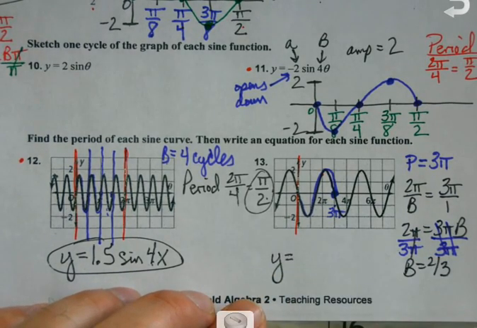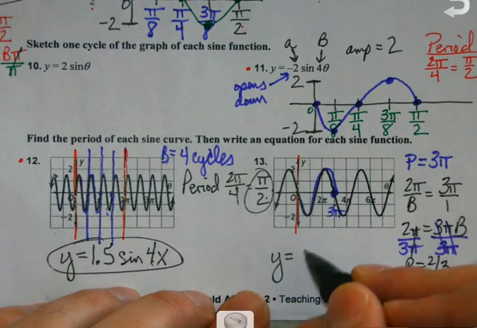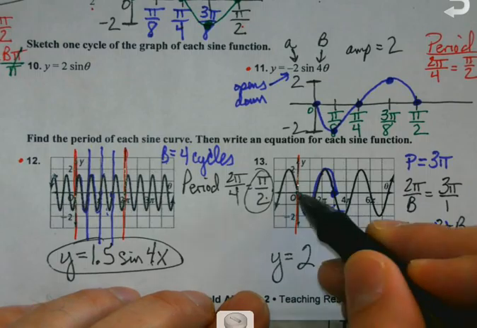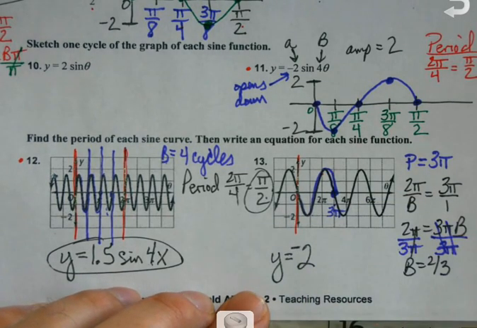So, what's my a value going to be this time? -2. I see the 2, and I'm tempted to write 2, but look at whether it's opening up or down to start. It opens down to start. So that's why I've got to put the negative in there. My amplitude is 2, but since it opens down, it's negative.